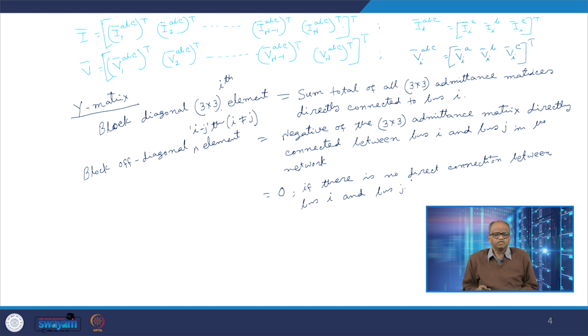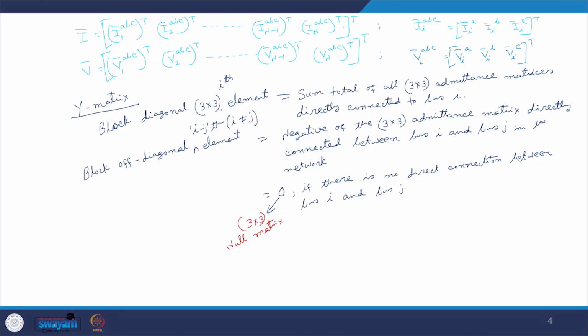Obviously, if there is no direct connection, this 0 is nothing but, again we repeat, a 3 cross 3 null matrix. So that is how for an n bus system we would be able to form the Ybus matrix.